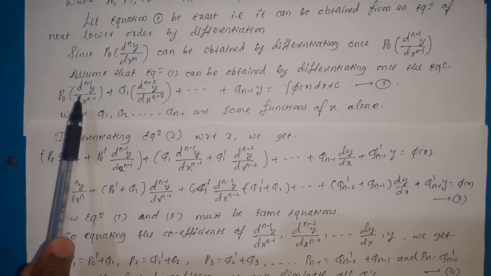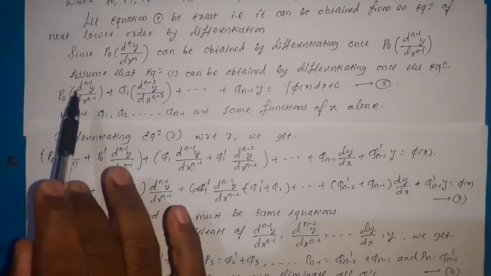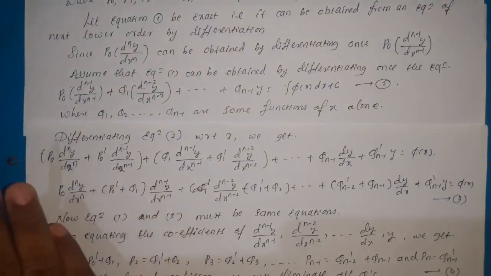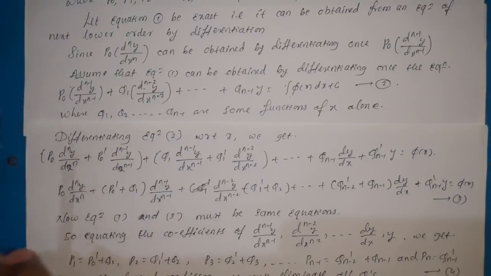While differentiating you should not treat this as x power n, because while differentiating x power n we can consider n into x power n minus 1, but here it is not a function, it is the differential coefficient. So the power will increase, only that much. After differentiating, the order of the derivative will increase, that is the meaning of differentiation here.